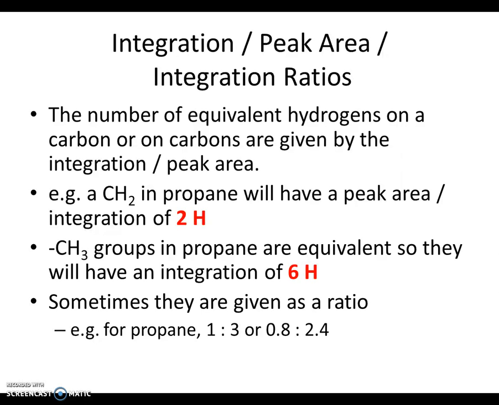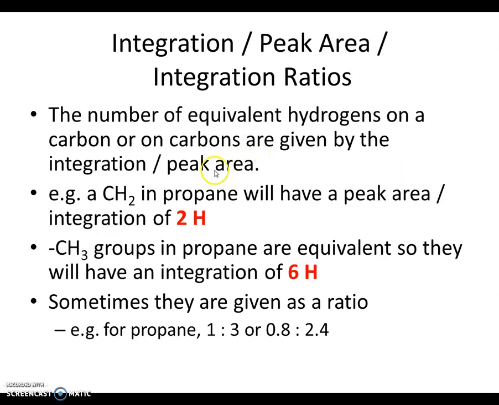It depends on what information is being given to you. But essentially, whatever the name is, this tells you the number of equivalent hydrogens on a carbon or on a number of carbons in a particular environment.